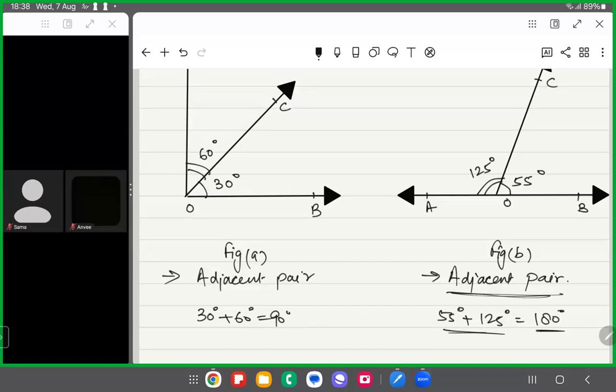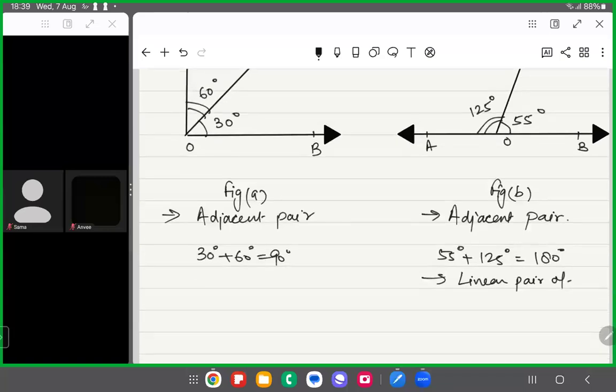So such an adjacent pair of angles whose sum is 180 degrees is a linear pair. यह भी adjacent pair है, but इनका sum 180 नहीं है, so this is not a linear pair. So linear pair of angles are the adjacent pair of angles whose sum is 180 degrees. Are you getting that? So for figure B, this is a linear pair of angles.